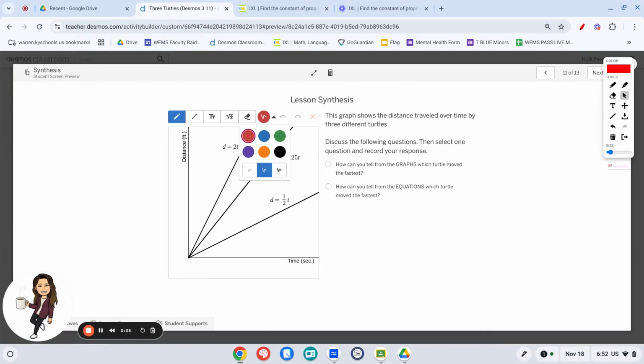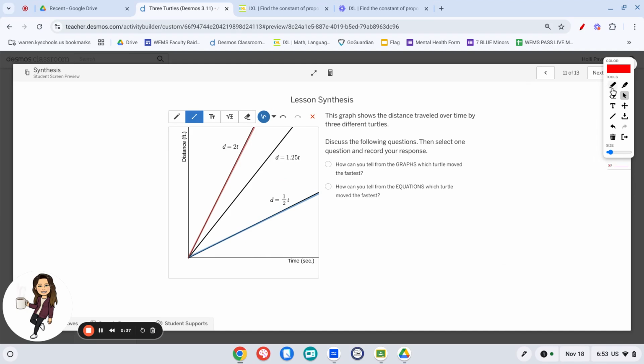So if we look at this one, let me use my line tool. This line right here is the steepest line, that red line. So that turtle, if these are representing 3 turtles, that turtle is going the fastest. The line that is the least steep, so the hill you would rather go up, that's what's going the slowest.